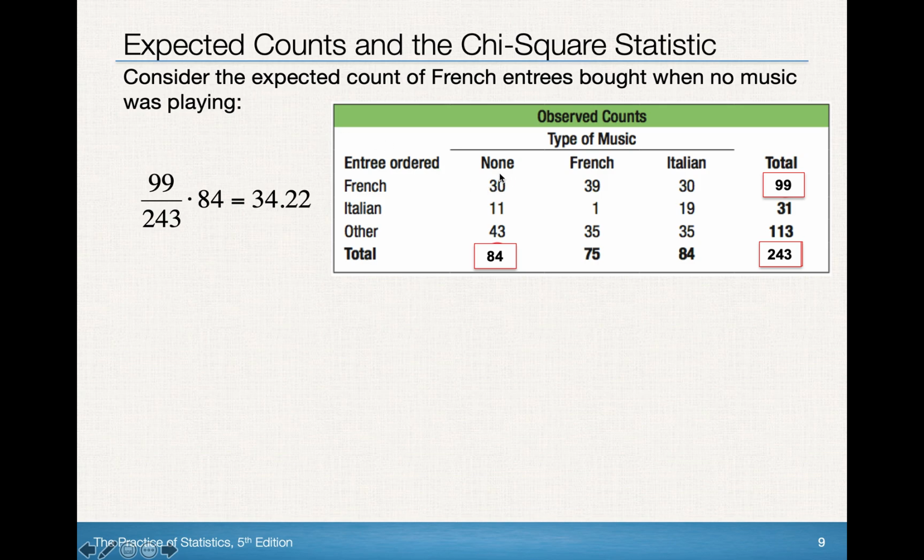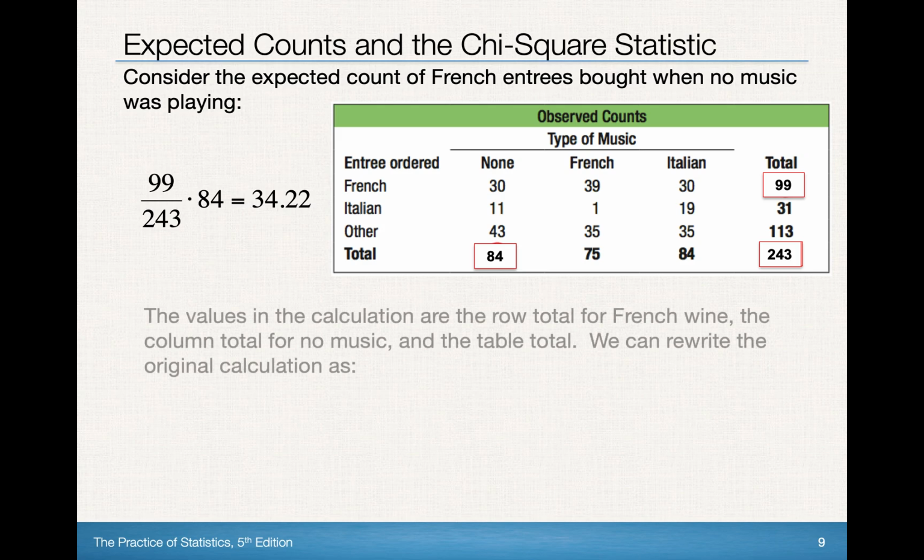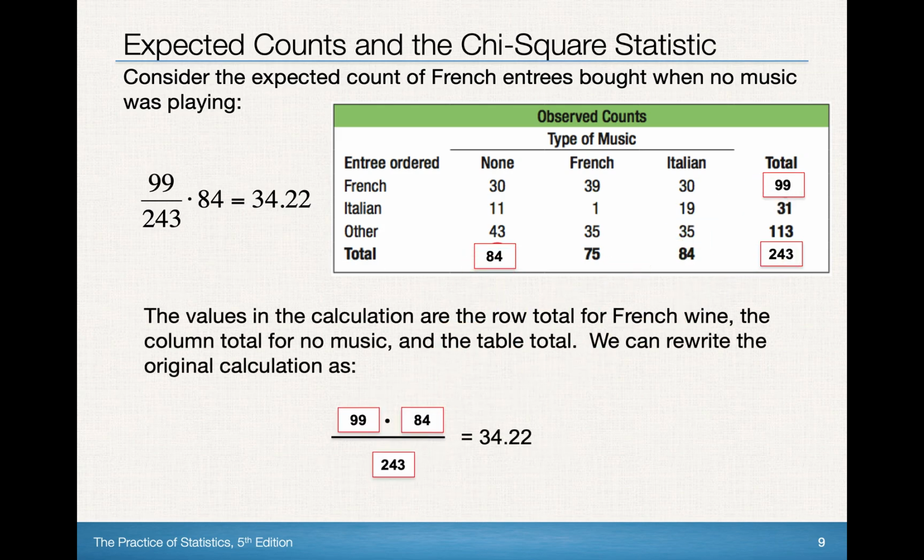If we look at the observed count, 30 French entrees were bought when no music was playing. But the expected value would be 99 times 84 divided by 243. It's row total times column total over table total. So the expected number of French entrees chosen is 34.22. Okay, we got 30. Is it close? Yeah, it's close. Well, we can look at it later to see the contributor to the chi-squared value. How close was it actually?